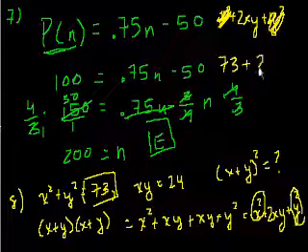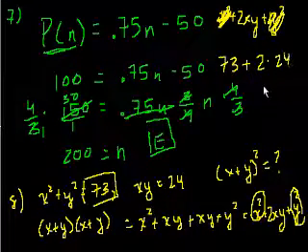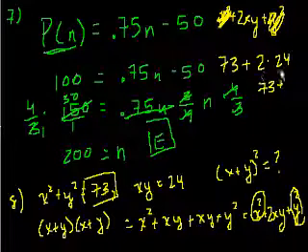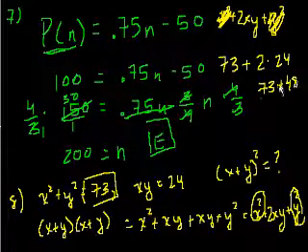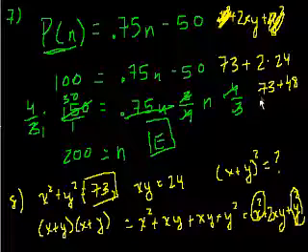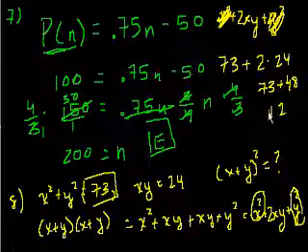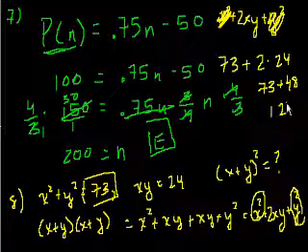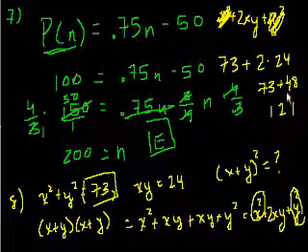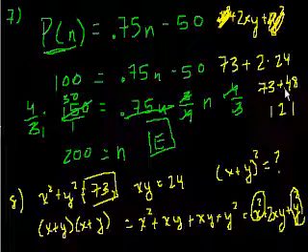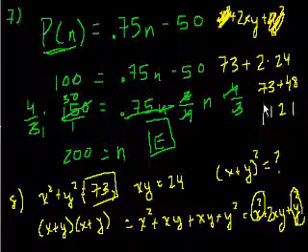So it's 2 times 24. So it's 73 plus 48. And I think this is going to be 121. Let's see, 73 plus 48 is 110 plus another 11, right? 121.